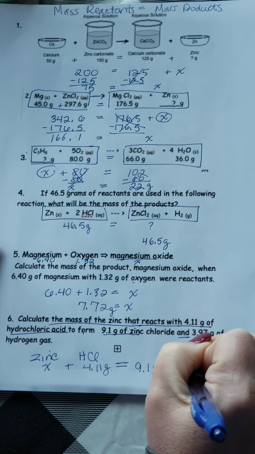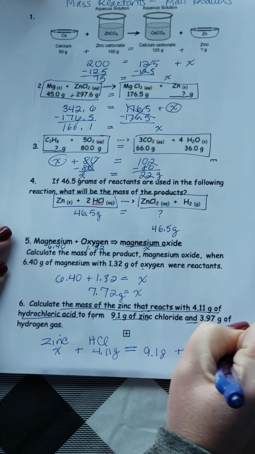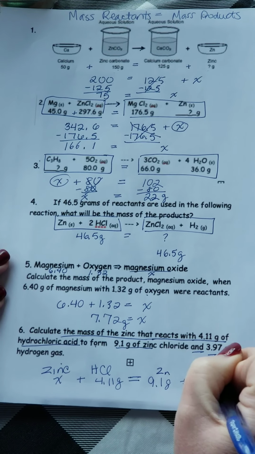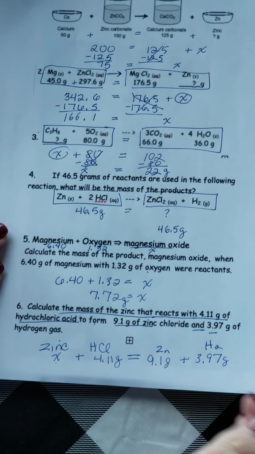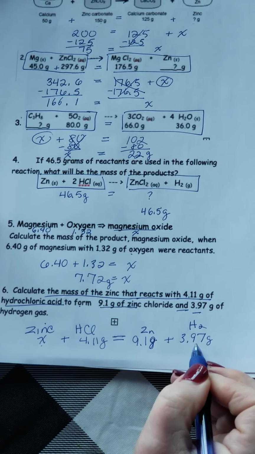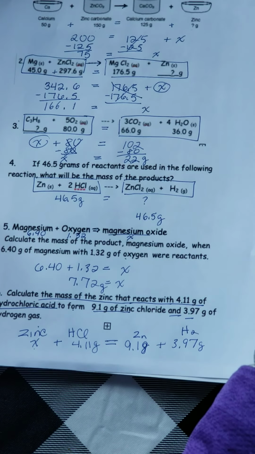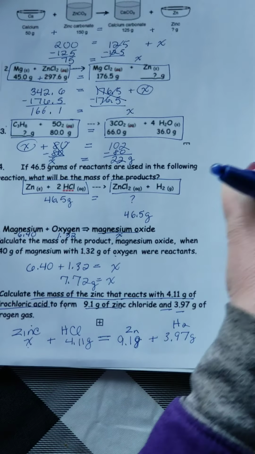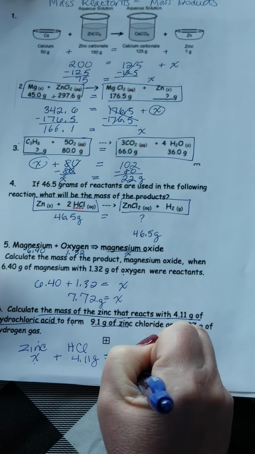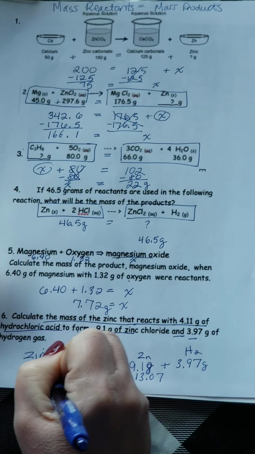and 3.97 grams of hydrogen. Again, if you don't know the symbols, that's okay. We really just need to set up our formula. Those are grams. So let's add those two together. I get 13.07.